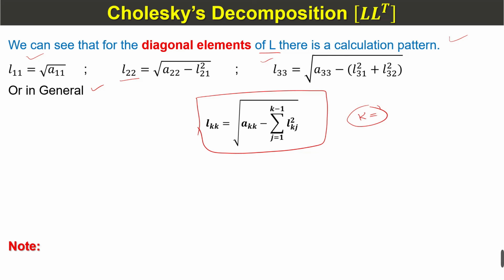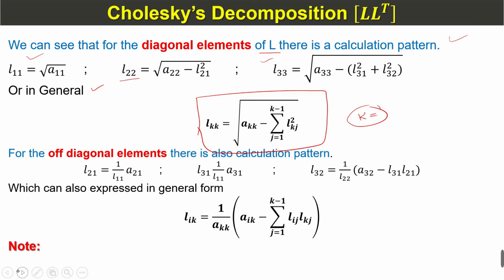For the off diagonal elements, there is also a calculation pattern like that. L21 is equal to 1 by L11 into A21, and L31 is equal to 1 by L11 into A31, and similarly L32 is equal to 1 by L22 into A32 minus L31 into L21.